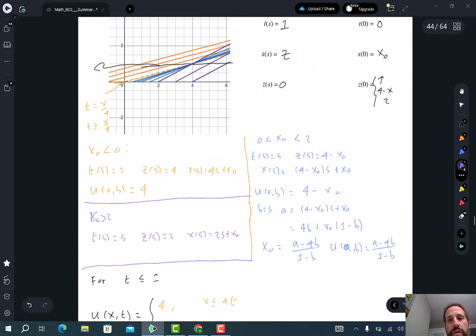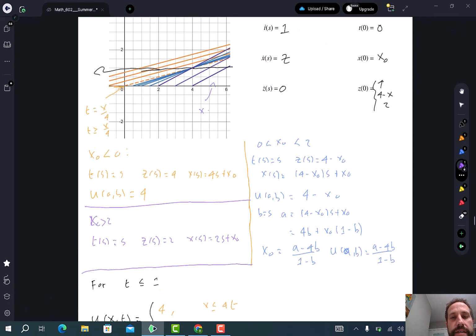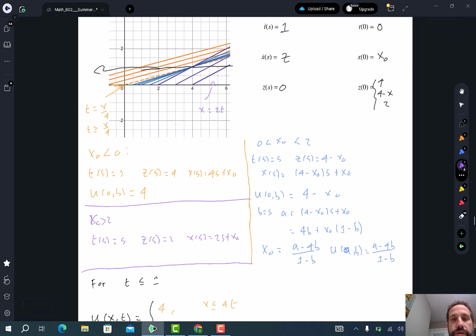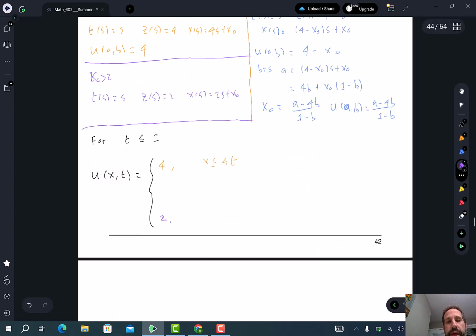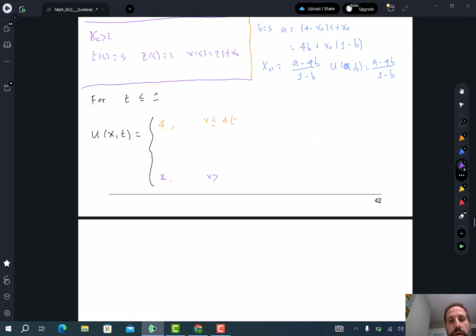And then this purple line has equation x is equal to 2t plus x naught, or sorry, 2t plus 2, and so that's going to be x greater than or equal to 2t plus 2, and for the blue part, it's going to be x minus 4t over 1 minus t, and this is going to be for the rest of this. So 4t less than or equal to x less than or equal to 2t plus 2.